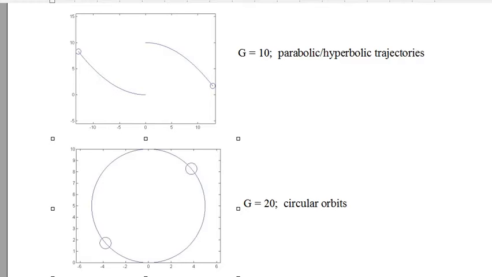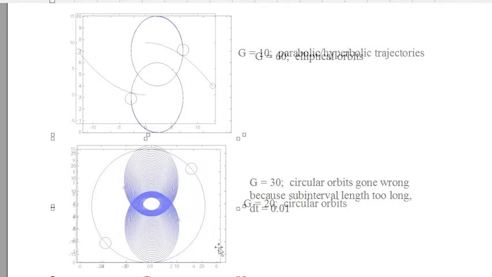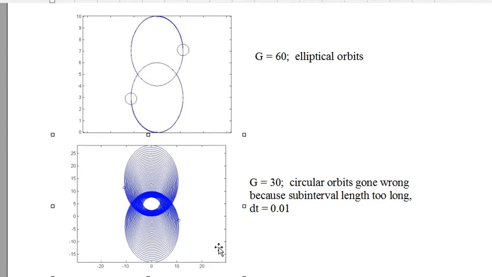With G equal to 10, we get a parabolic, hyperbolic shaped trajectory. With G equals 20, we get circular orbits. Higher values of G produce elliptical orbits.